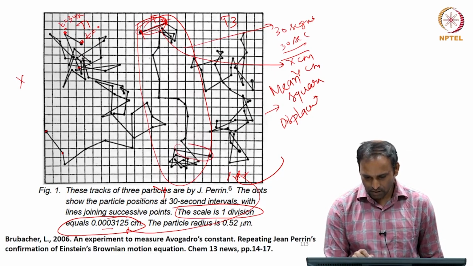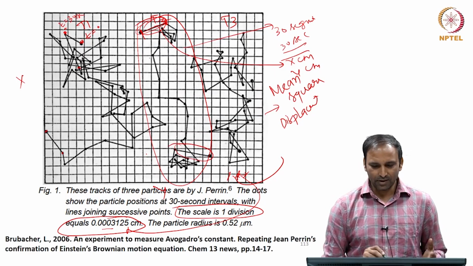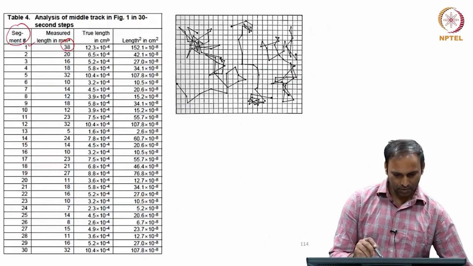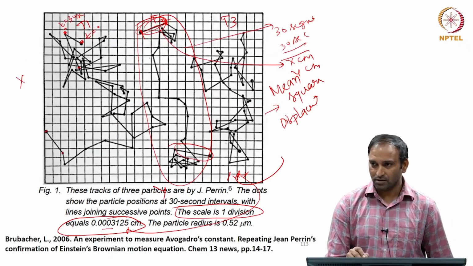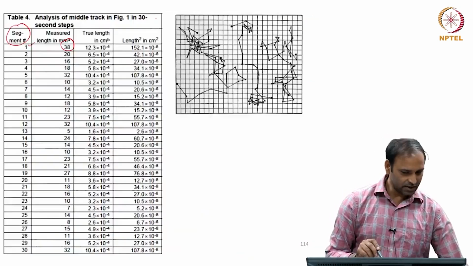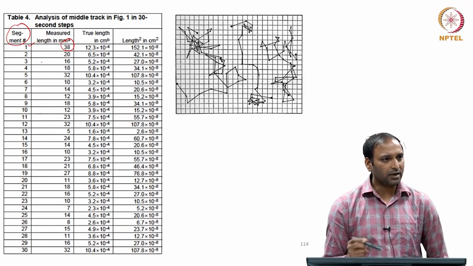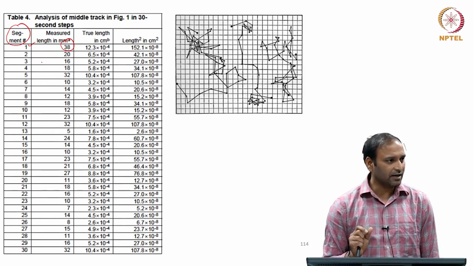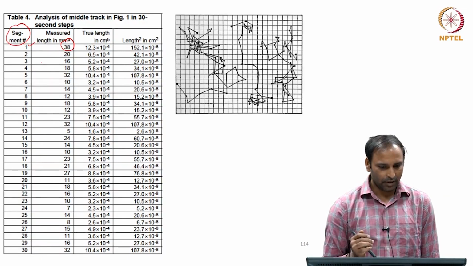The distances look comparable, one is 38, the other is 32. They start from here, that is your first segment, and then go on tracing it and come all the way there. So, that is the distance that the particle has moved in every 30-second time interval.